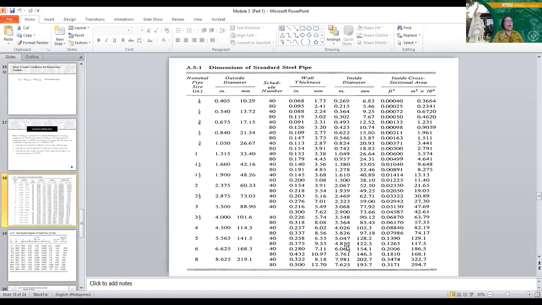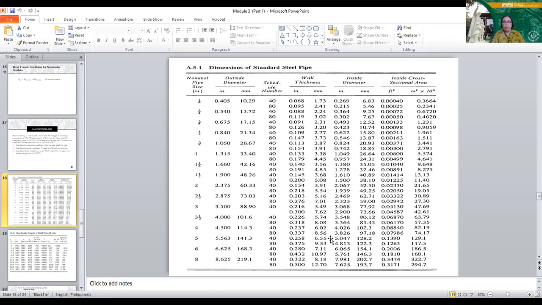Now, normally, class, what would be used here is the simple assumption that I have mentioned a while ago. The temperature of the wall will be the temperature of the steam, or that is the heating medium outside of the pipe. But there is a suggestion, class. This is the suggested value, because you will later on go back to the assumed value that you got, and check whether the temperature that you use is acceptable or not.